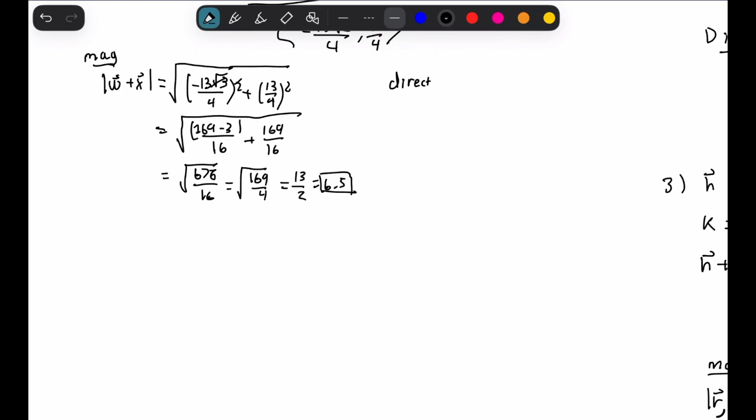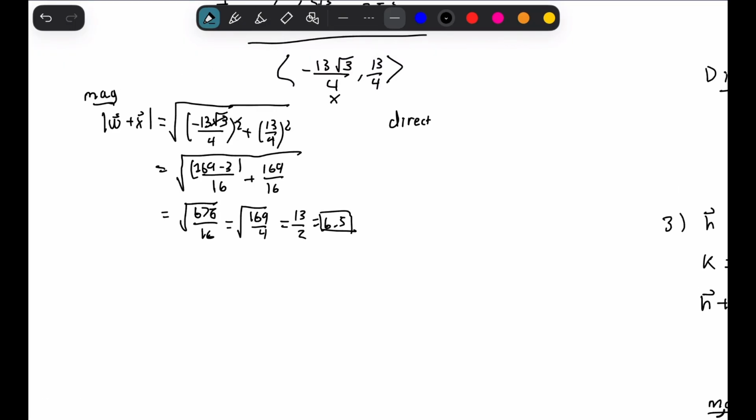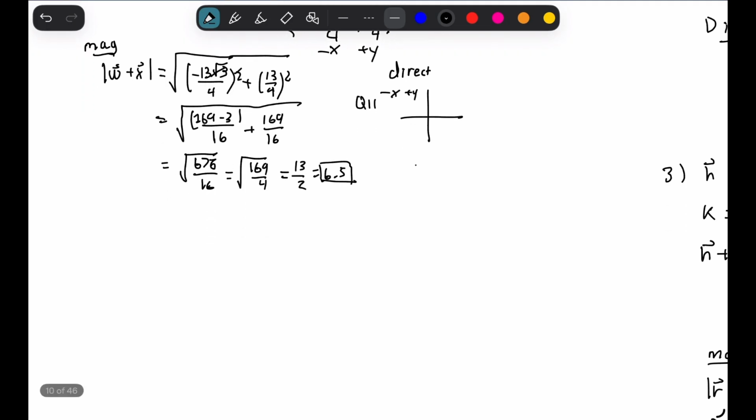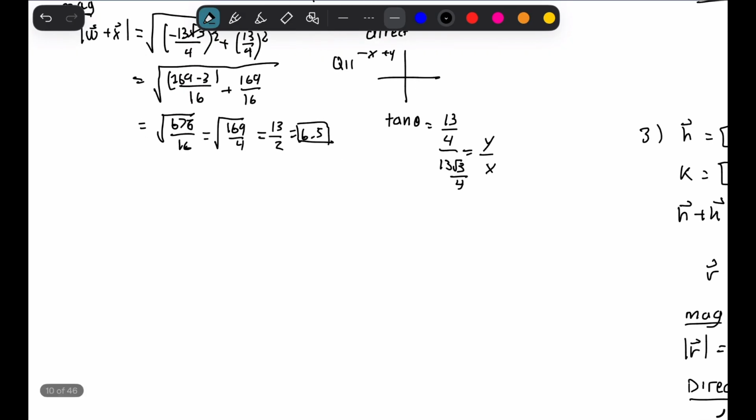Now, for the direction, we are going to see that we have an x that is negative and a positive y. Therefore, if you have a negative x direction and a positive y, you're going to be in quadrant 2. So then, when we do our tan theta, we have 13 over 4, our y, over our x, negative 13 root 3 over 4. This will give us, canceling out that 13 and 4, 1 over the root of 3, AKA, if we rationalize that, root 3 over 3.